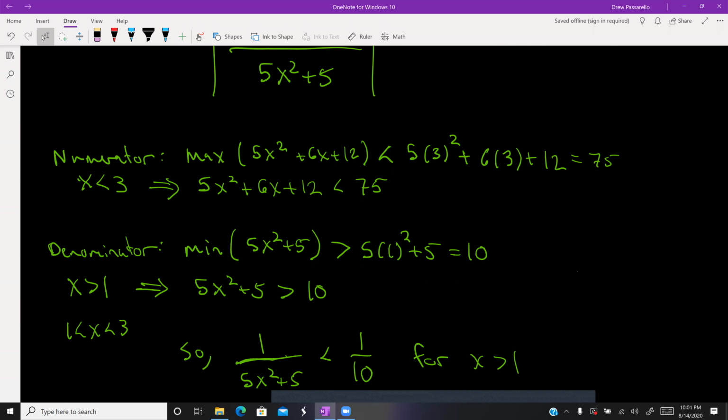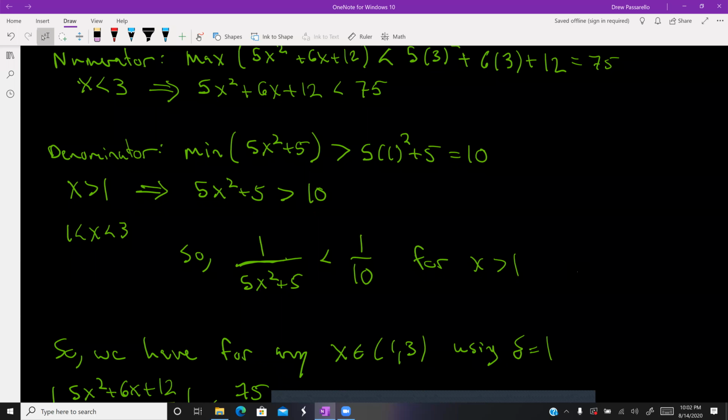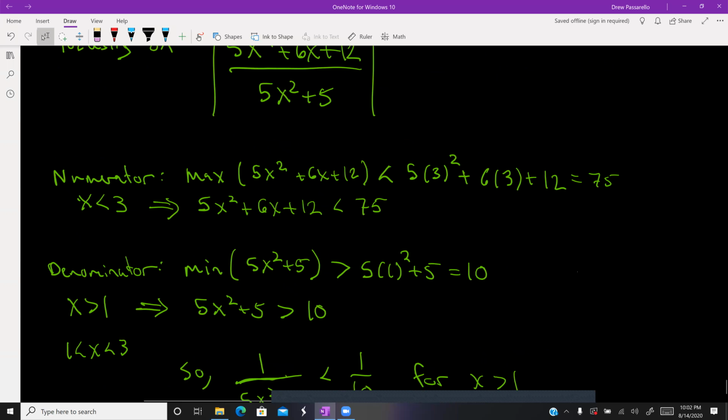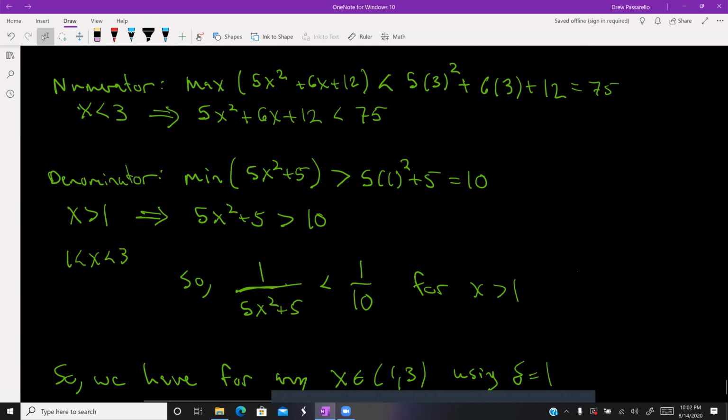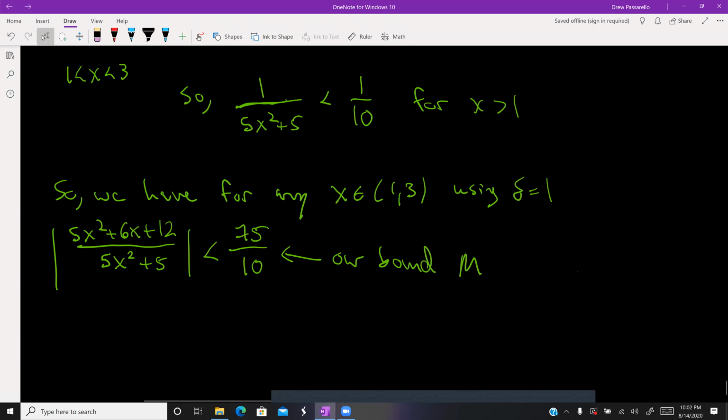And so for 5x squared plus 5, if you chose 1, then the minimum of 5x squared plus 5 has got to be greater than 10 when you plug 1 in for x. So that way 1 over 5x squared plus 5 is going to be less than 1/10. Combining that with the fact that the numerator is going to be less than 75, we get 75/10.